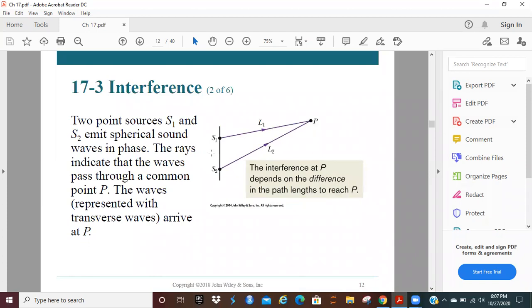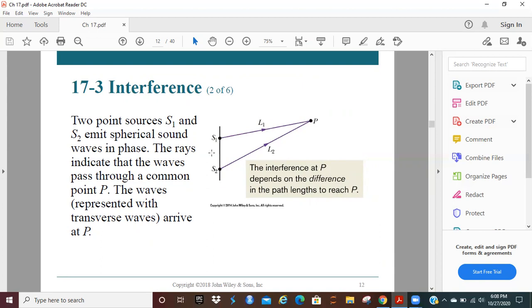Okay, so interference. If you have 2 point sources, S1 and S2, emitting spherical sound waves in phase, the rays L1 and L2 in that diagram indicate that the waves pass through a common point P. The waves are represented with transverse waves.